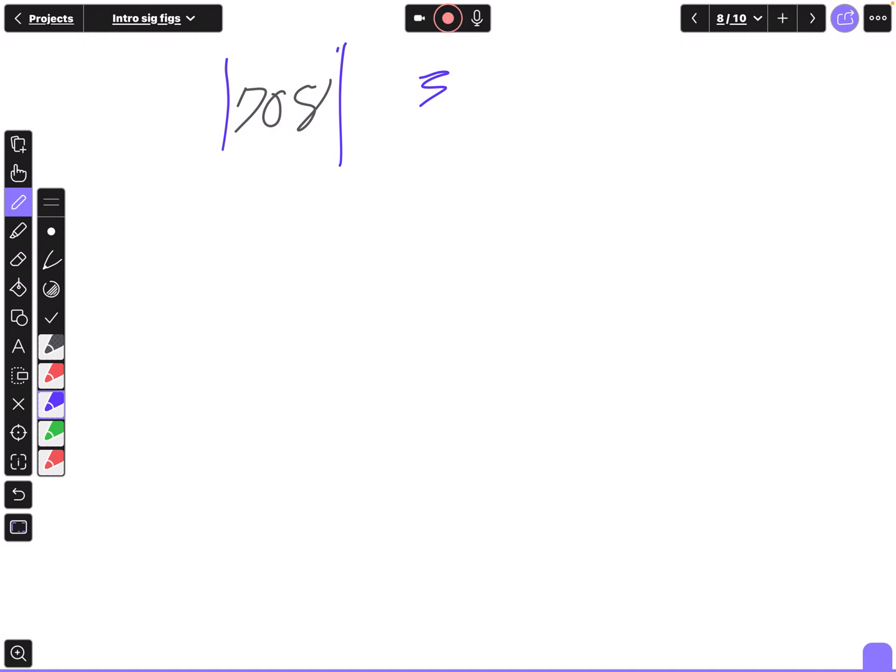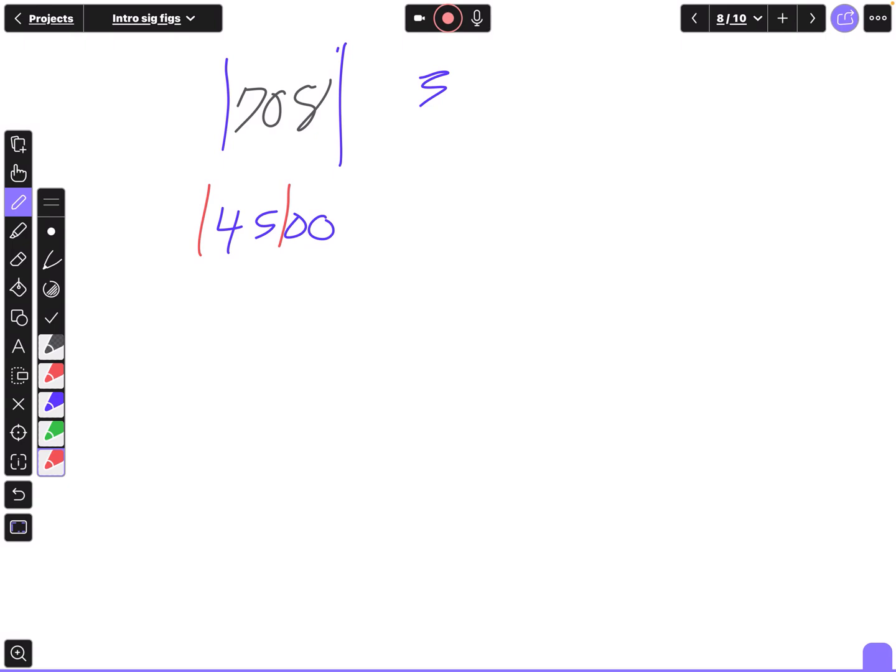All right, if I had 4,500, and I want to determine how many significant figures it has, I put a line in front of the first non-zero number, which is a 4, and put a line behind the last non-zero number, which is 5. So I know for sure there's 2 significant figures. Now I just check the zeros there. My rules say that if zeros come after non-zero numbers at the end, trailing zeros, they are never significant unless there's a decimal.